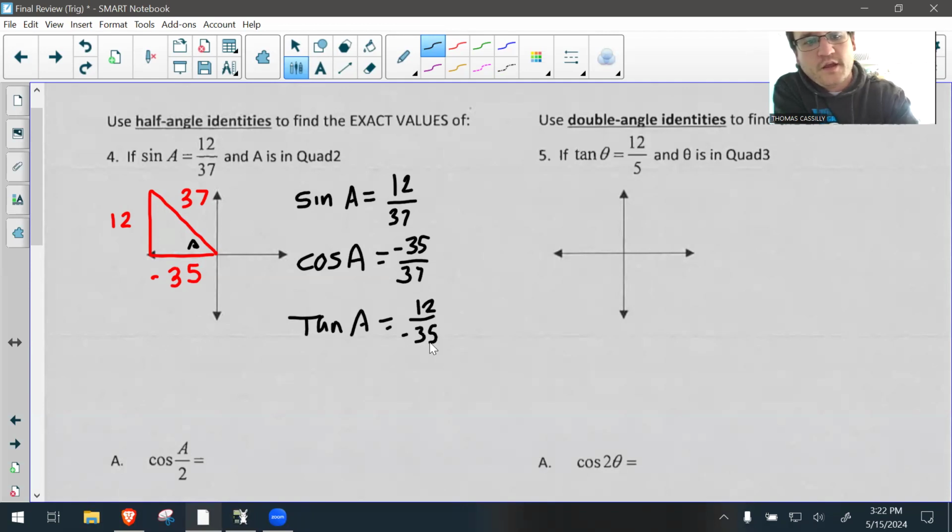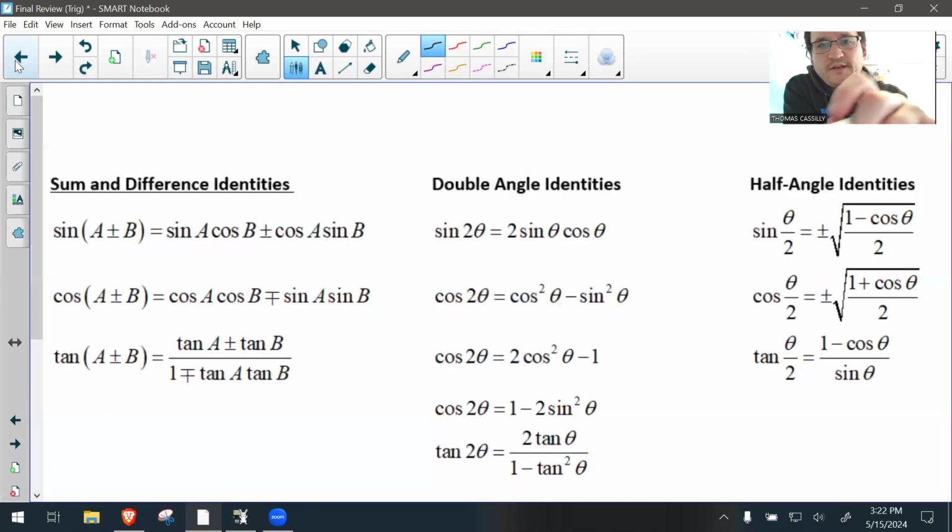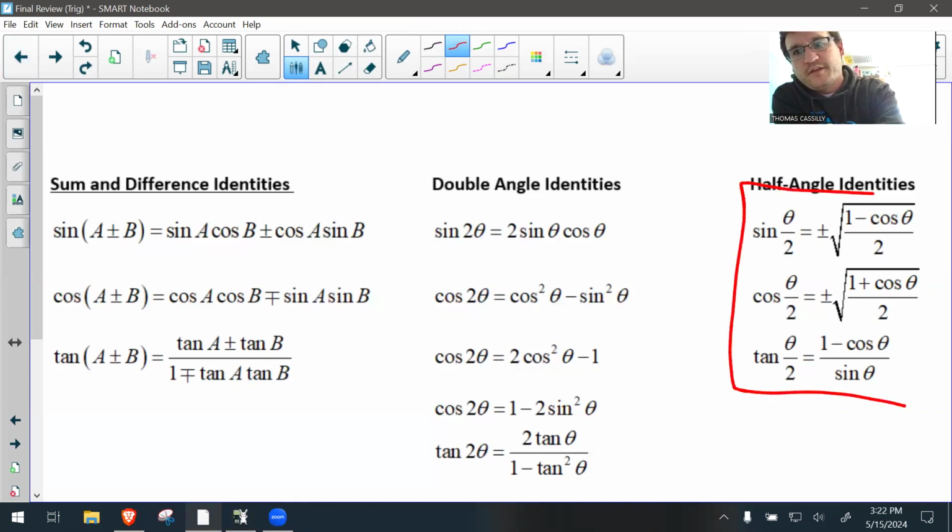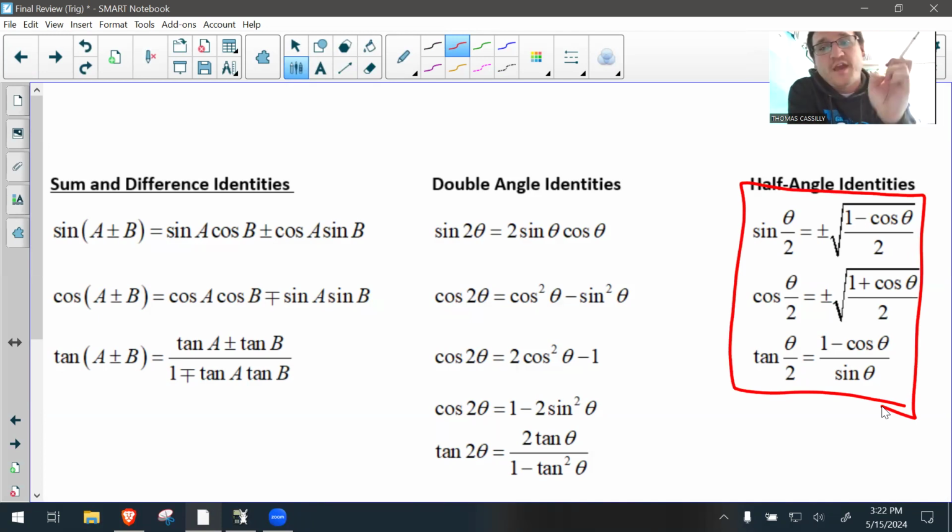Now this one is asking for the half angle identities. What are the half angle identities? That is going to be these three over here: the sine of theta over 2, the cosine of theta over 2, and the tangent of theta over 2. The sine and cosine have very similar identities.